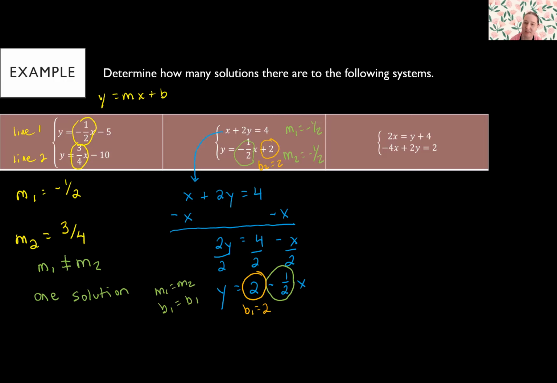This means these are the same lines. And if they're the same line, that means we have infinite solutions, because these lines are basically going to be graphed one on top of another.